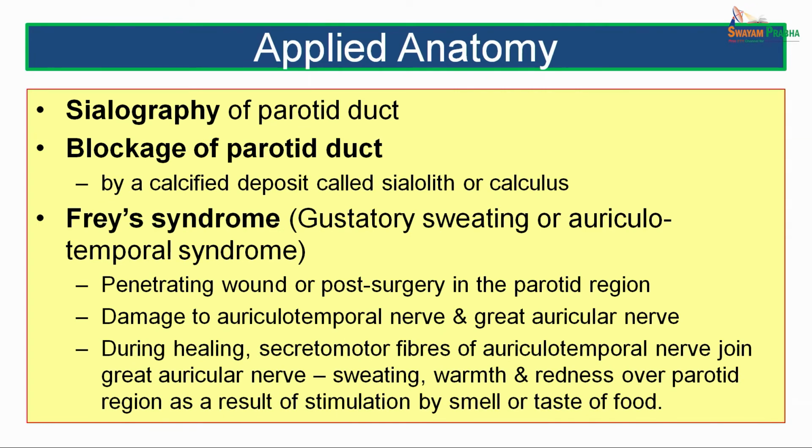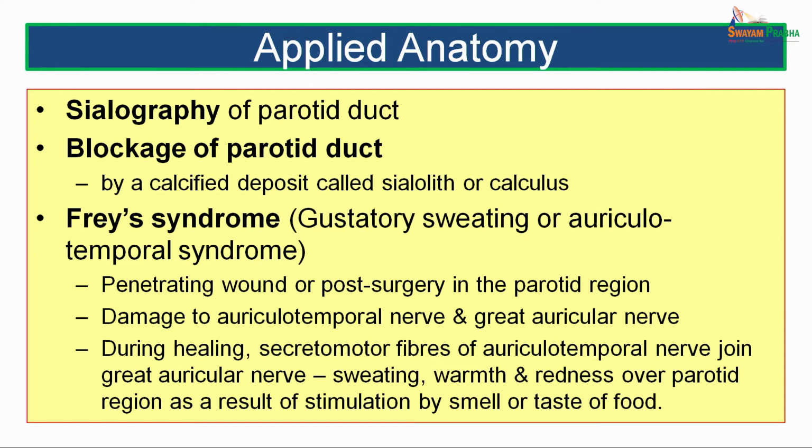Next we see sialography of the parotid duct. This is a radiological procedure done to visualize the patency of the parotid duct. Herein, radio-opaque dye is injected through the papilla of the parotid duct, which is opposite the second upper molar tooth in the oral cavity.